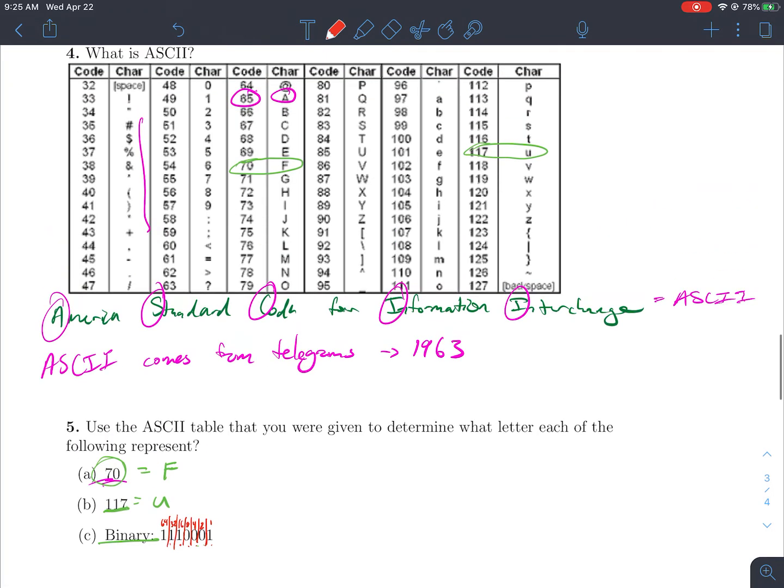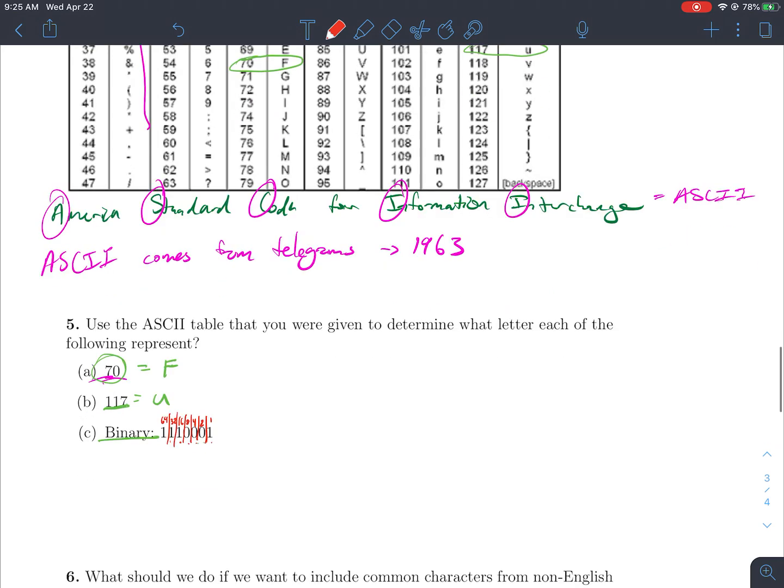So we have to convert from binary to decimal here, and let's see, we've got a 64 plus a 32 plus a 16 plus a 1. Let me just make sure I got that right. 64 plus 16 is 80, plus 33, nope, I got that wrong, is 113.